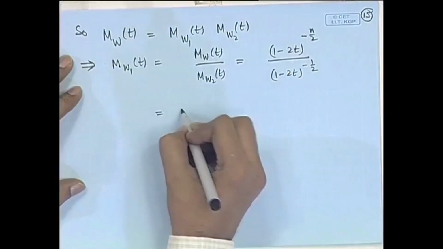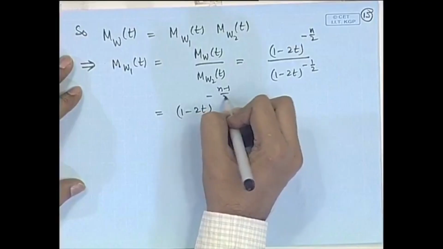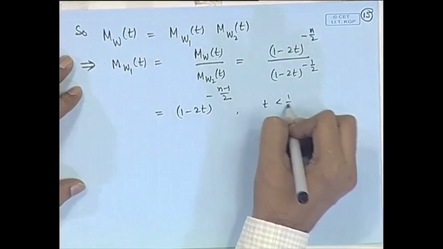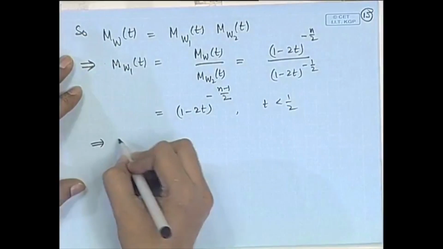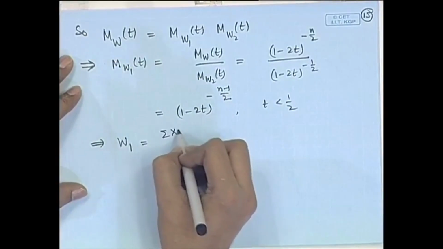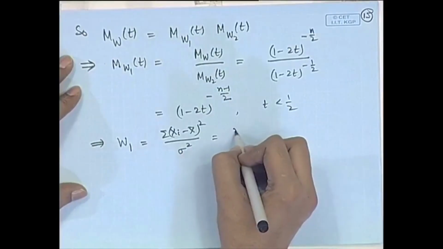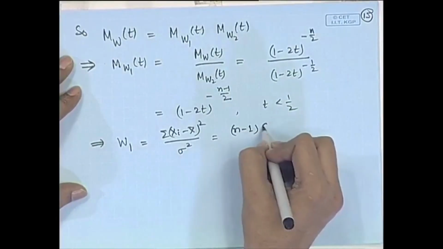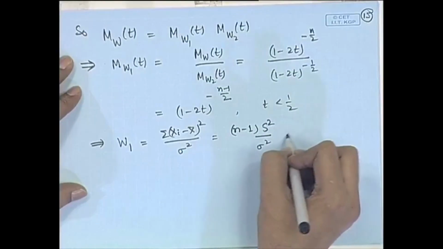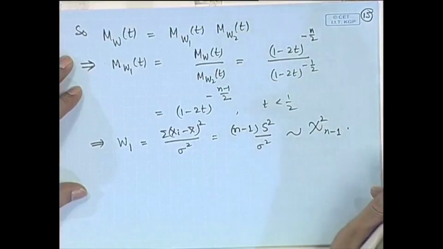So, this becomes (1 minus 2 t) to the power minus (n minus 1) by 2 for t less than half. That means, w 1, that is sigma (x i minus x bar) whole square by sigma square, which we can also write as (n minus 1) s square by sigma square, follows a chi-square distribution on n minus 1 degrees of freedom.